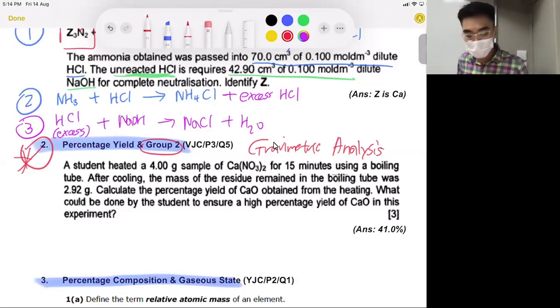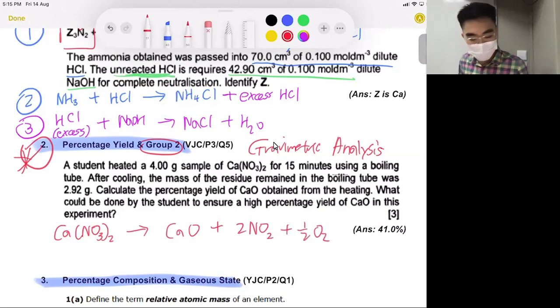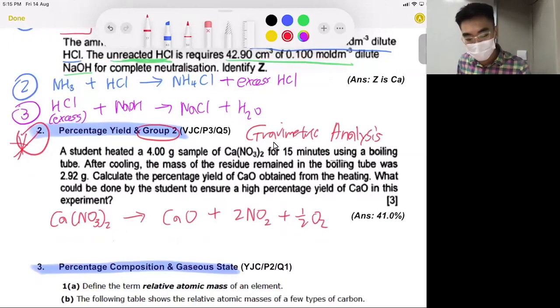We will not really do gravimetric analysis for the actual practical, because usually we will not like to do so much heating in your labs. But anyway, going back to here, you probably need to use this equation, which I can provide you, because if not, you cannot start. But you really need to mark this equation. So calcium carbonate will give you CaO and carbon dioxide, right?